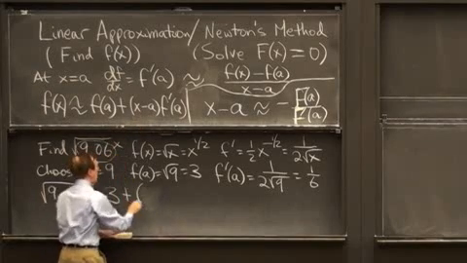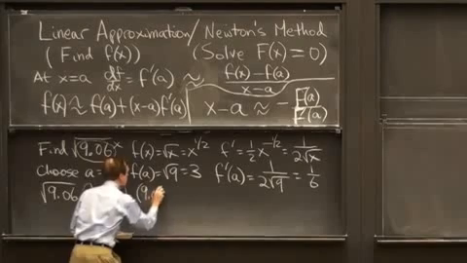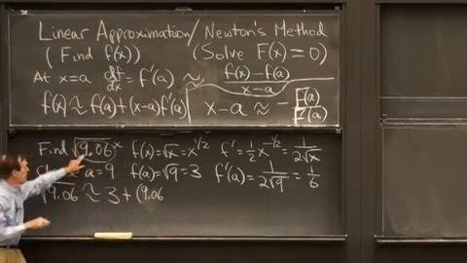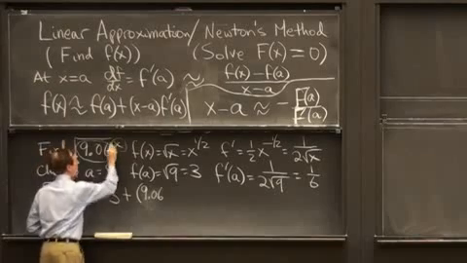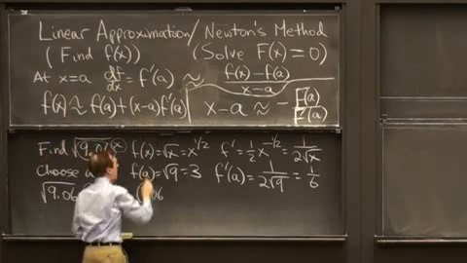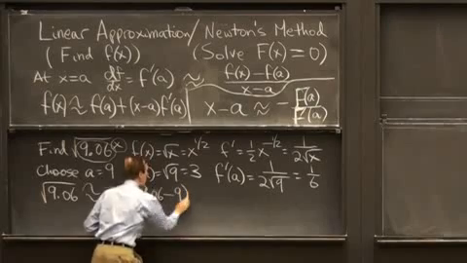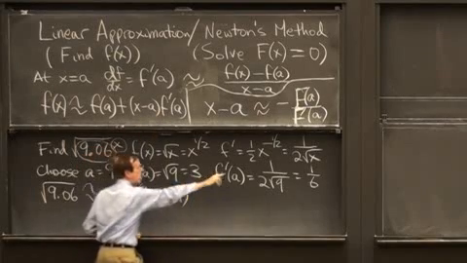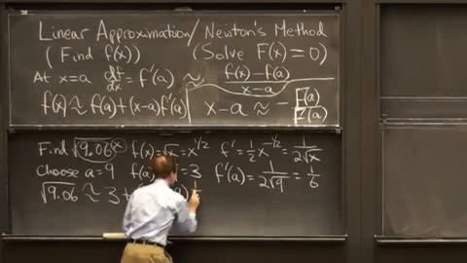I'm plugging in x is 9.06. That's where I really want the square root. Minus A, which is the 9, times f prime, which we figured out as 1/6.